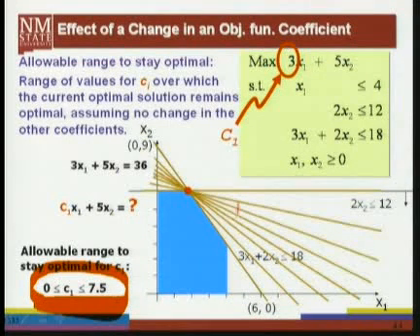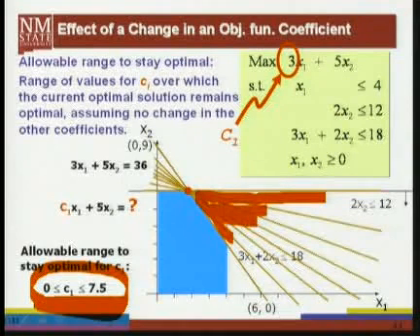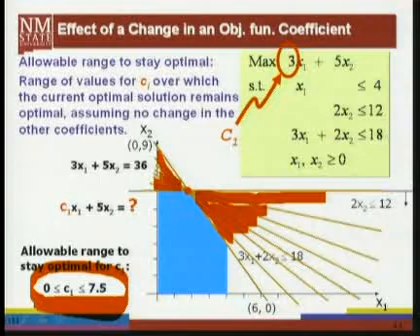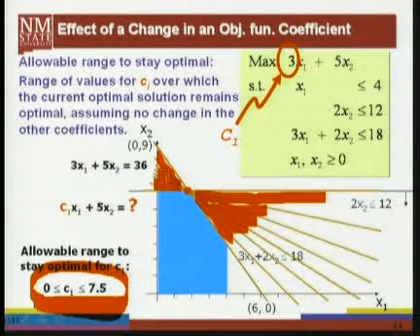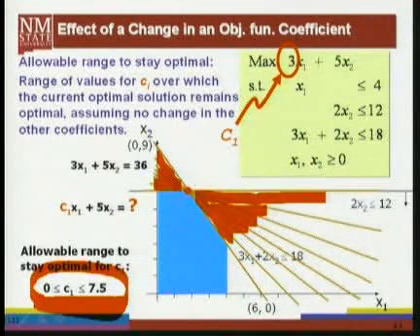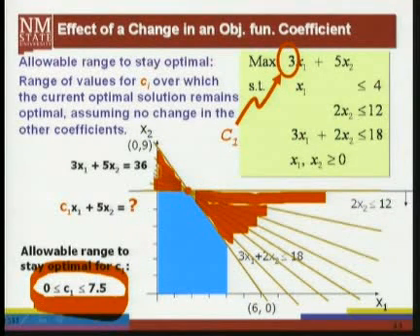So this range, actually these regions, all these regions define the range in which the objective function coefficients can vary without changing the current optimal solution.